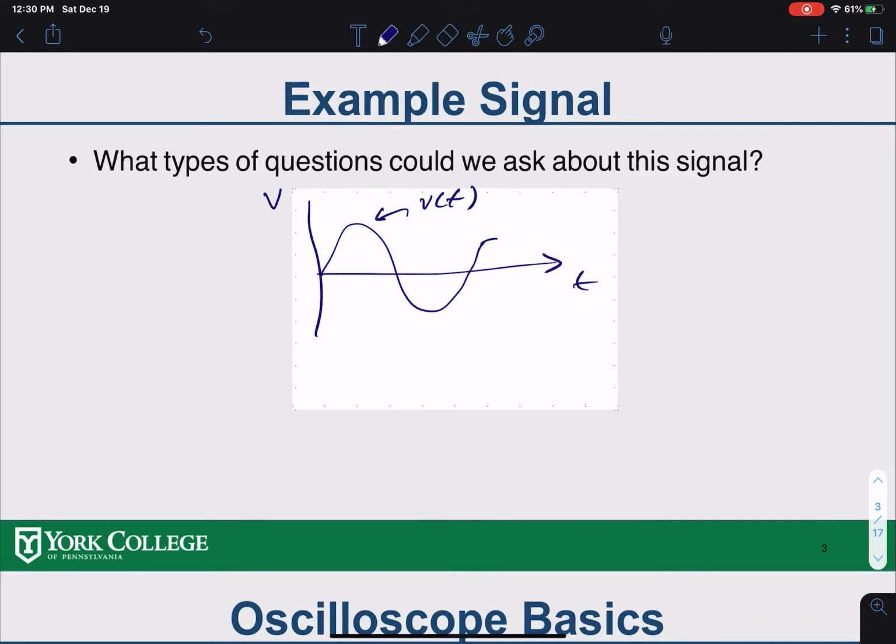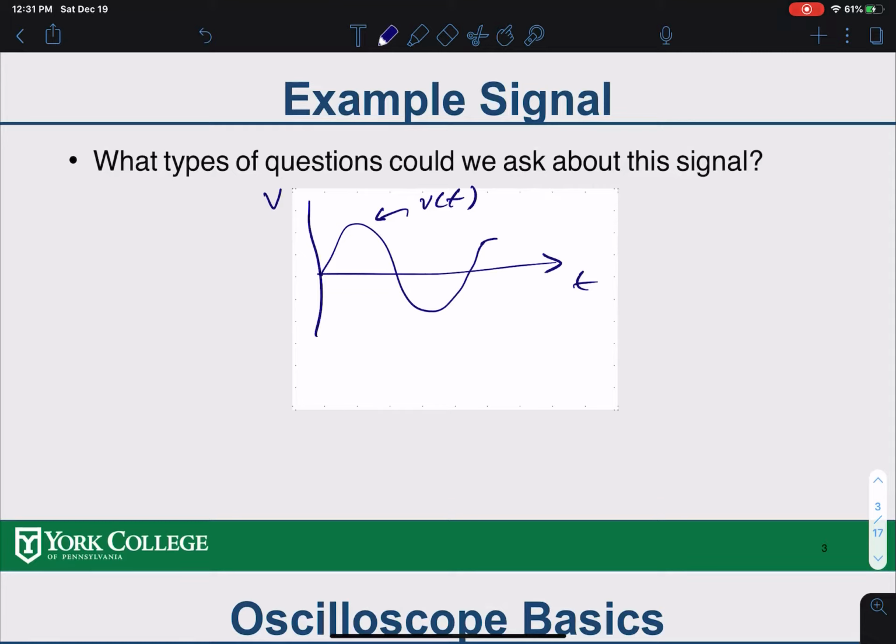If you look at the signal, what kind of question comes to mind? Any signal has an amplitude, right? So what are the amplitude or magnitude of the signal? And clearly that magnitude changes over time, right? Then what are the peak values?